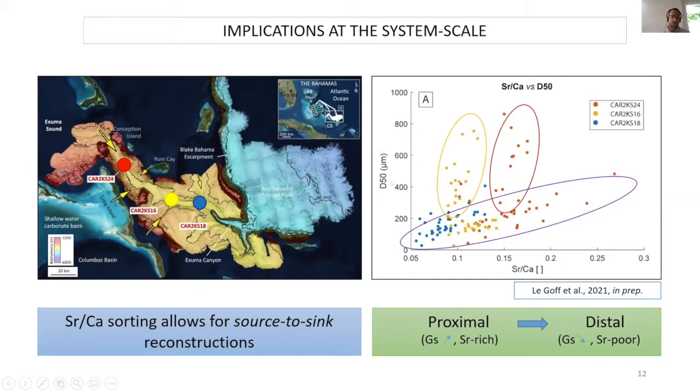This probably comes from the lateral input of the shallow water material. So basically we have proximal area, coarse grain size, Sr rich, and distal area, fine grain size, Sr poor.